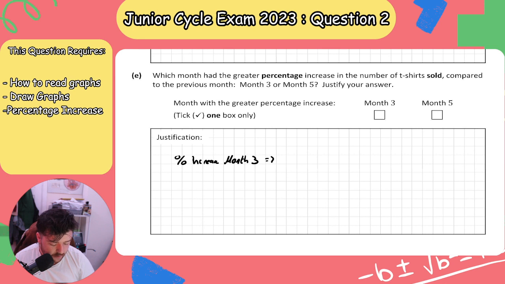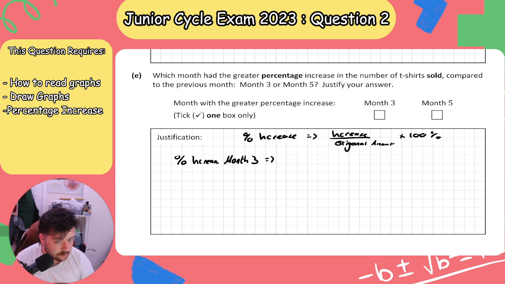Month 3. So we went up 50. So remember, percentage increase is the increase over original amount times 100%.